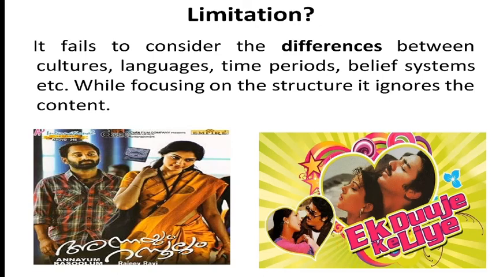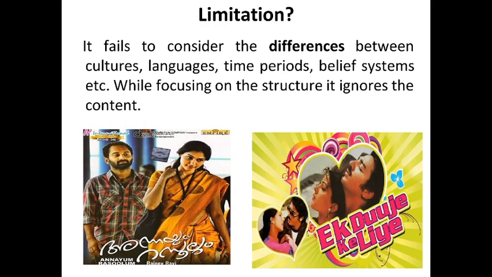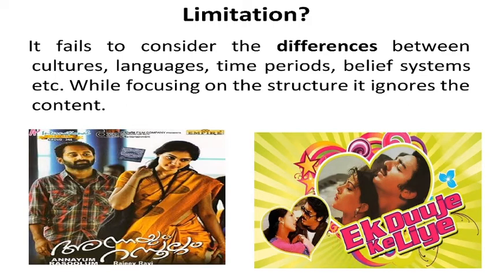That is, the truth applicable to all people in the world has lots of issues. It fails to consider the differences between cultures, languages, time periods, belief systems, etc. In the hunt for the structure or the framework, structuralist analysis hence fails to consider the individual content.